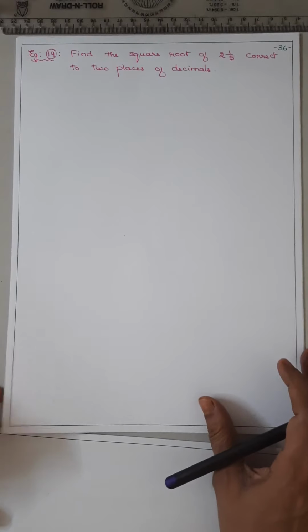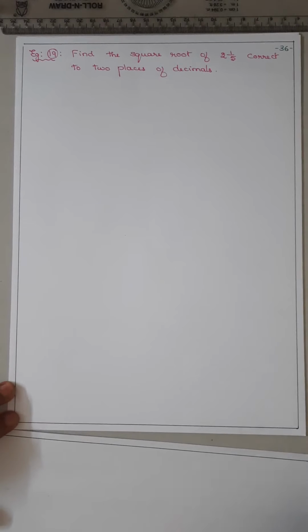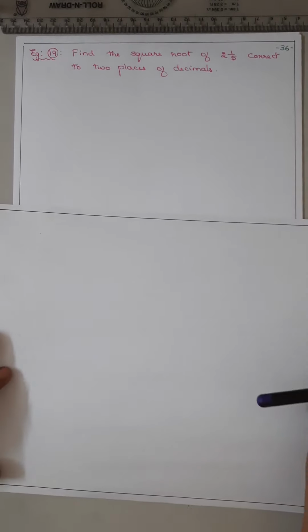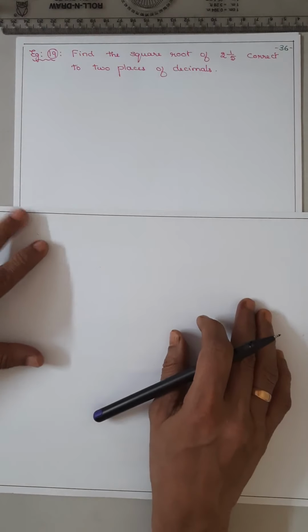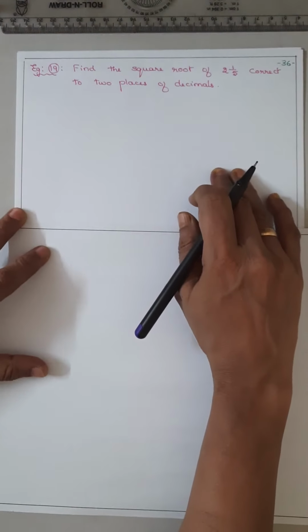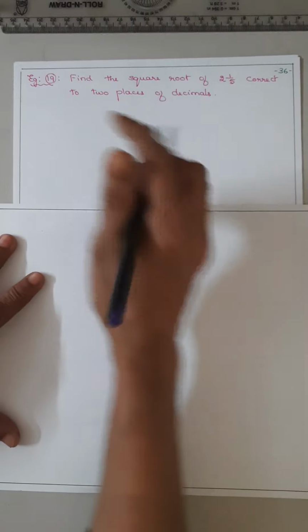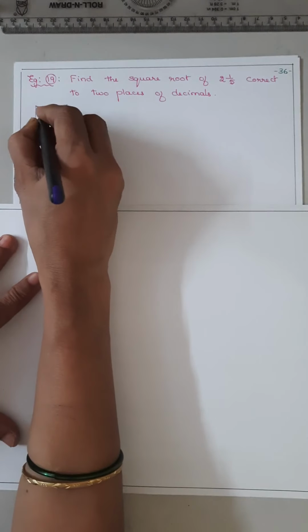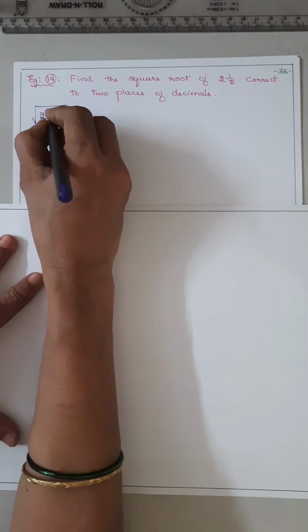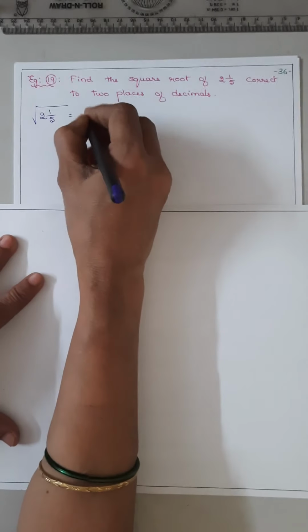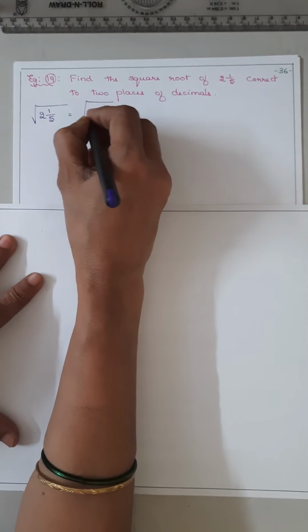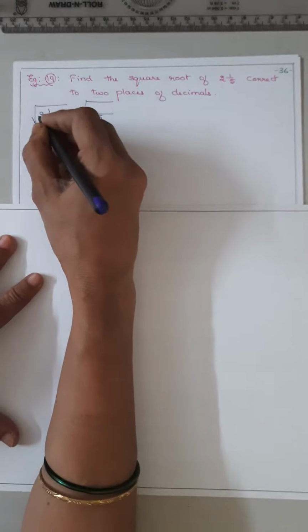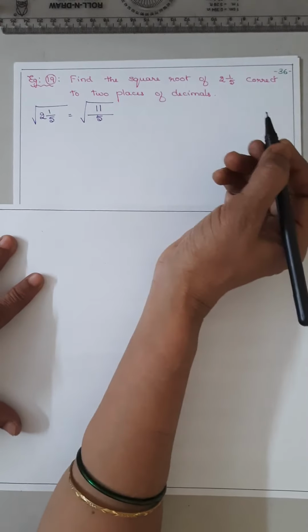Now coming to example 19. Again, they are not perfect squares. But here the question is square root of 2 1 by 5. 2 1 by 5 means it is a mixed number. So convert into the improper fraction. 5 2s are 10 plus 1, 11.